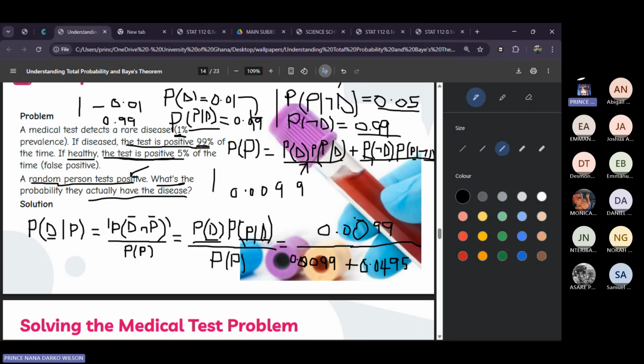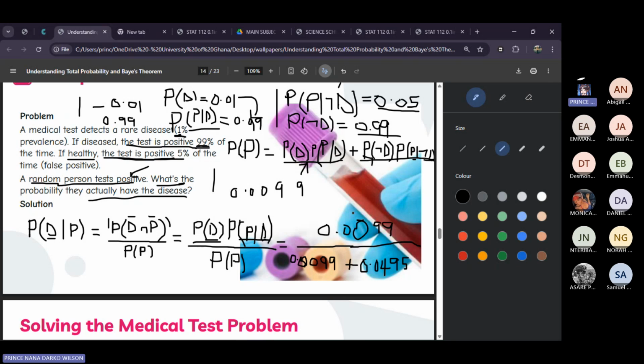Let's punch all these values on the calculator and see what our answer will be. So our numerator 0.099, and we divide that by 0.0099 added to 0.0495. What is our answer, people?